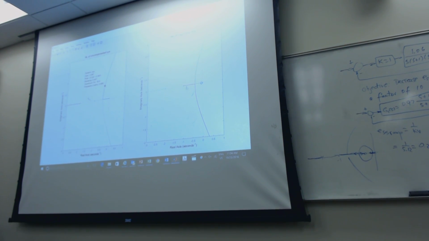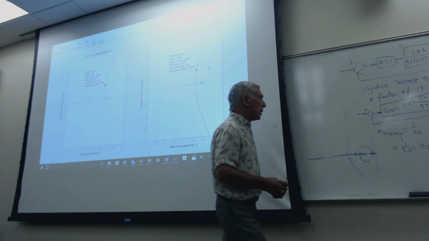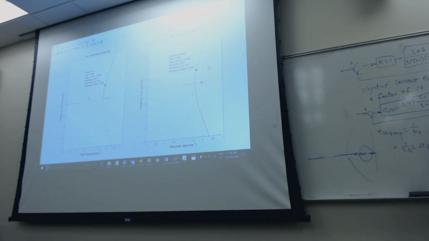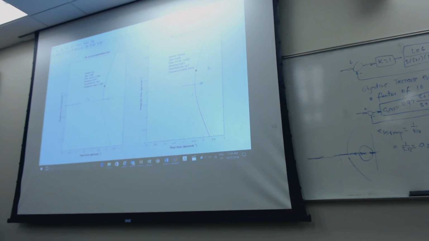That's close enough. And here the gain would be set to 1.02.